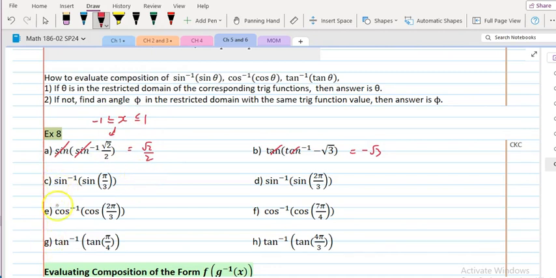Now the rest of these, C, D, E, F, all have the inverse outside. Then you have to check the restricted domain.